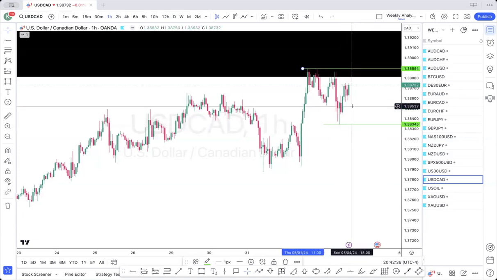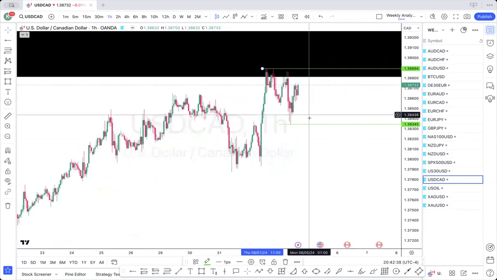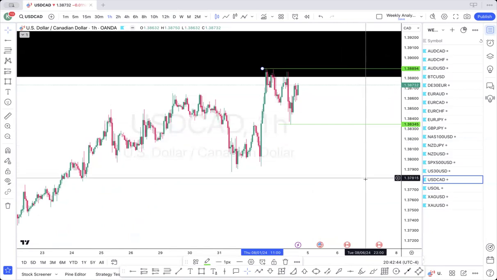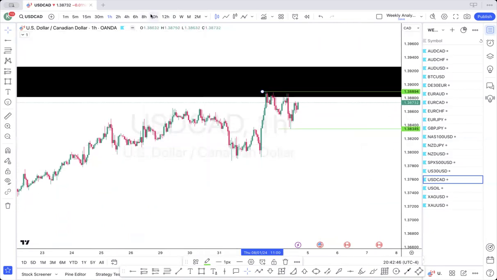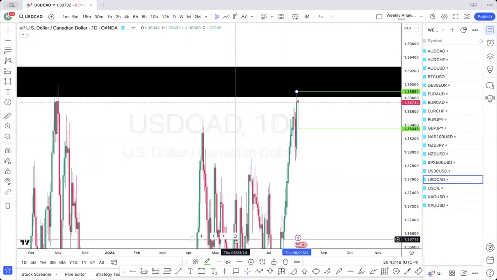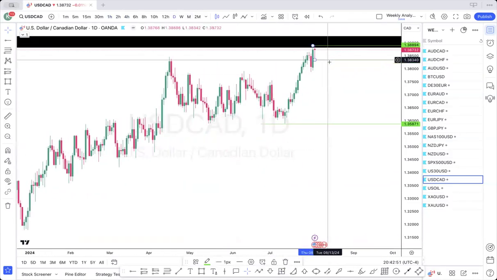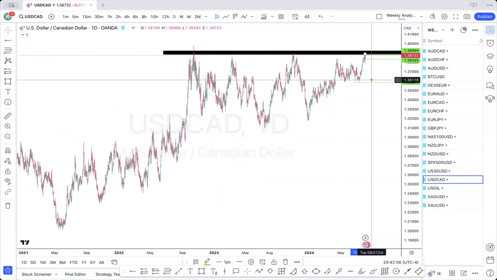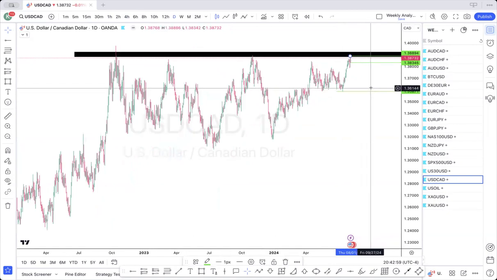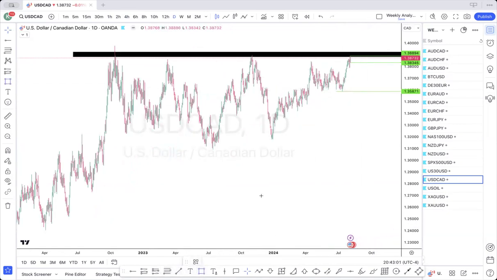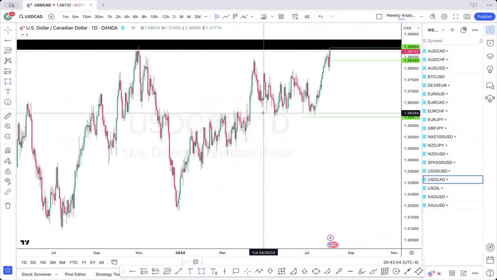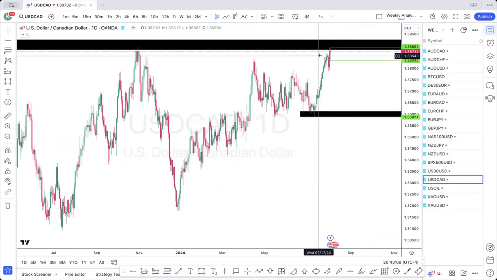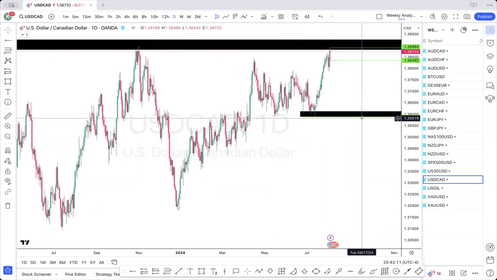And if price is going to sell, price would need to close below this low, pull back, and then continue selling to, let's go to the daily, then you can continue selling it down to these lows. This low here, or this key level here. I'm just going to draw it right here. Okay. You can continue selling back down to that key level.